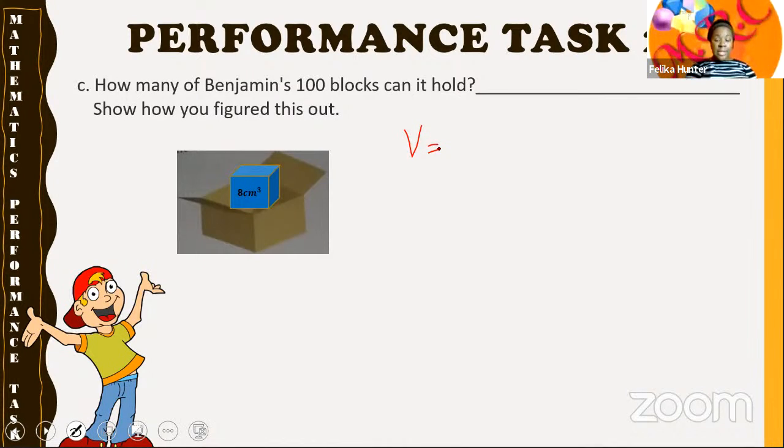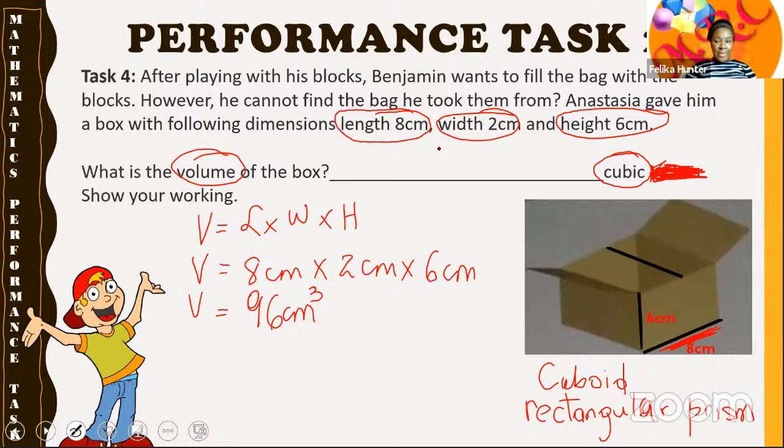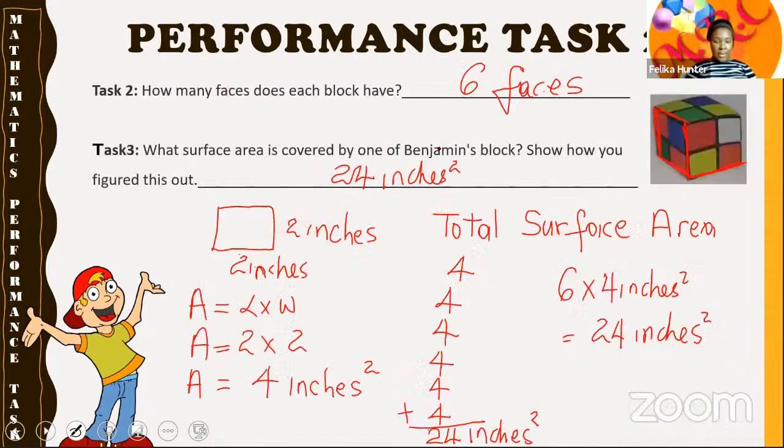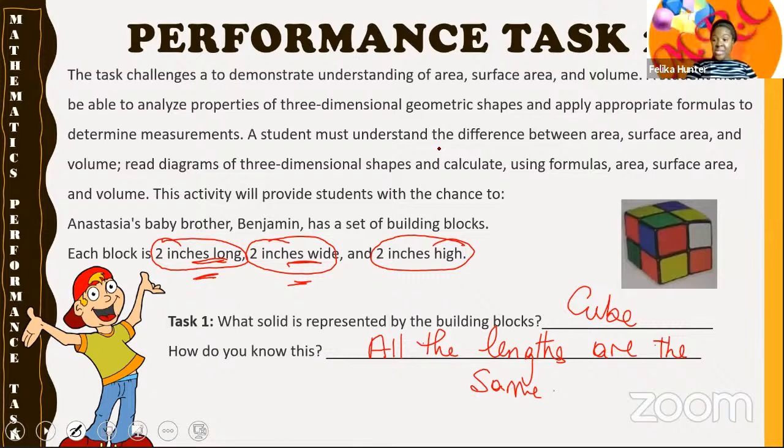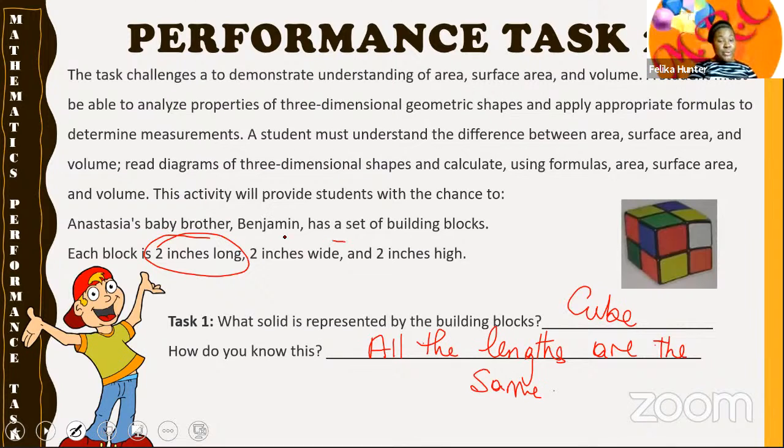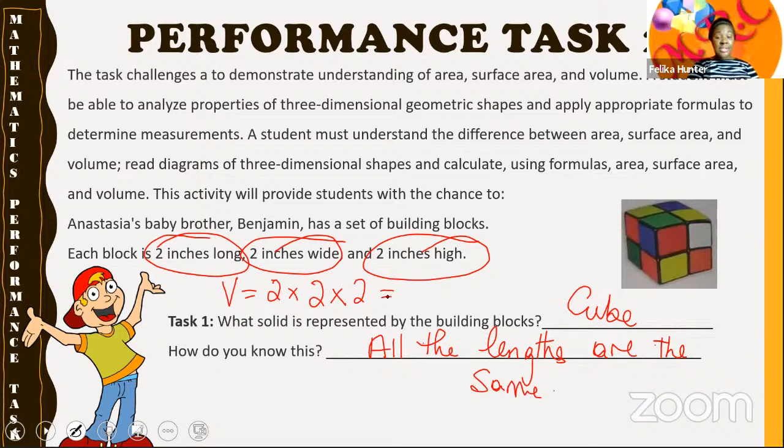Going back to our question previously, one of Benjamin's blocks is 2 inches long, 2 inches wide, and 2 inches high. If we were supposed to find the volume of Benjamin's block, it would have been the 2 inches times the 2 inches times the 2 inches, which gives us 2 times 2.